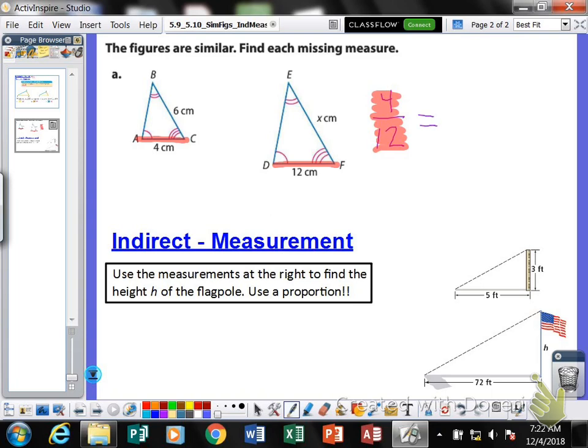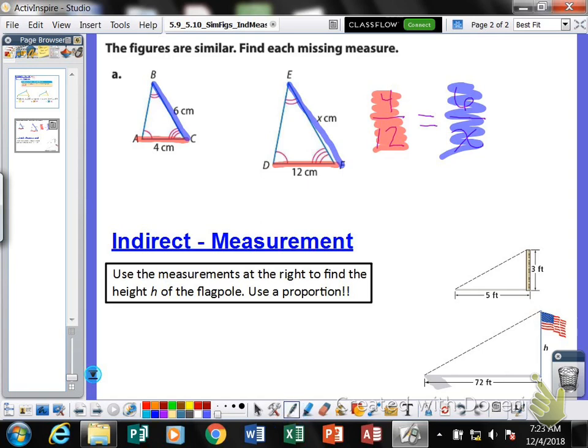That's going to equal the other two side lengths that I have, 6 and we don't know, so 6 over x, because they correspond. The 4 and the 6 came from the smaller triangle, and the 12 and the x came from the bigger triangle. We just want to make sure that we keep everything lined up.